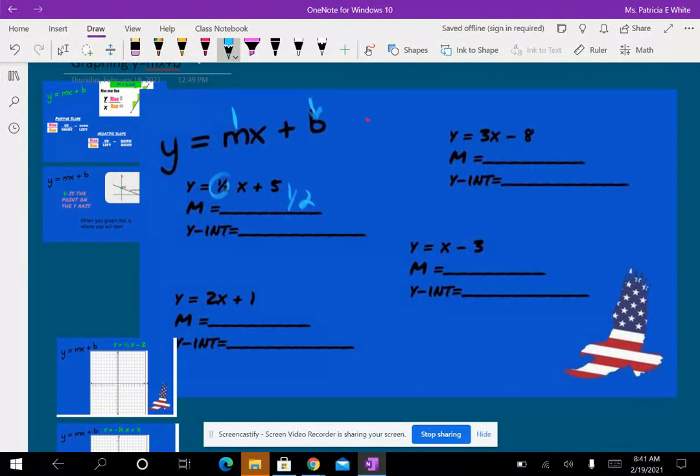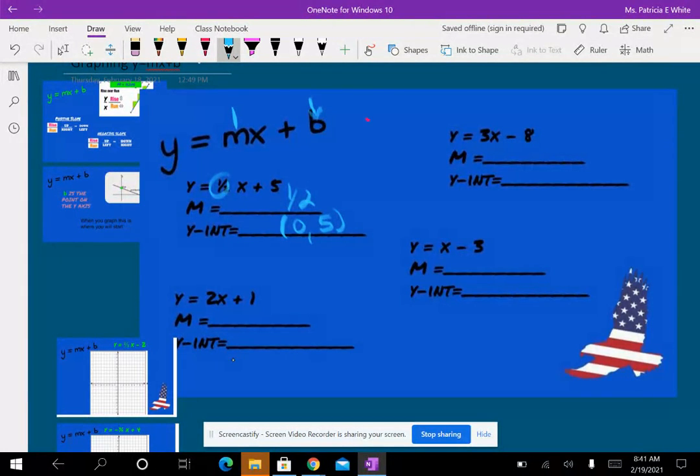My y-intercept, remember when you have the y-intercept, x is always 0 and b is 5. So what this equation is telling me is I'm going to go to the 5 on y and plot a point. Then I'm going to rise 1 and run 2. I'm going to go up 1, right 2 to get my next point.